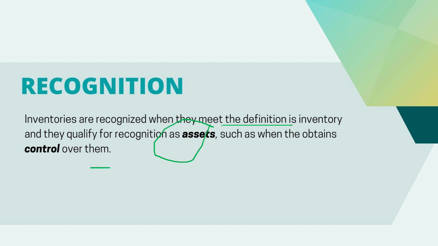So control normally stems from legally enforceable rights, and legal title normally passes to the buyer when he takes possession over the goods. However, ownership is not always necessary for control to exist, because control can arise from other rights.